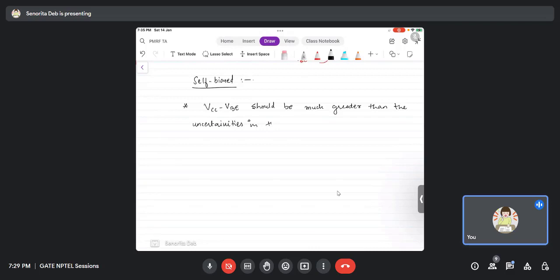And the second is RC must be much greater than RB by beta to lower the sensitivity to beta.